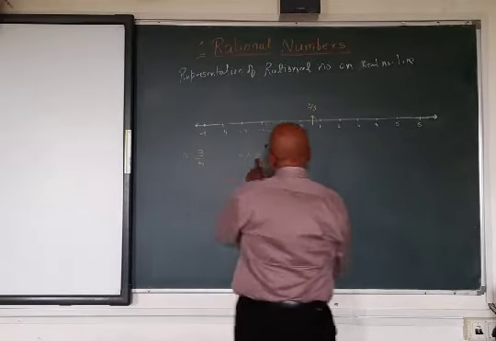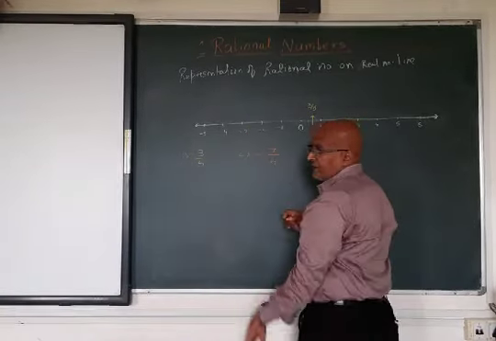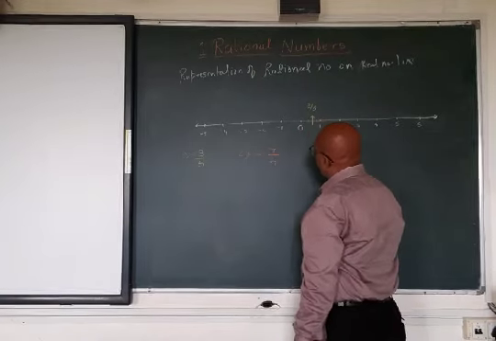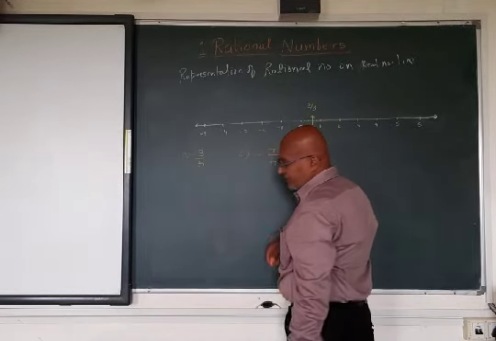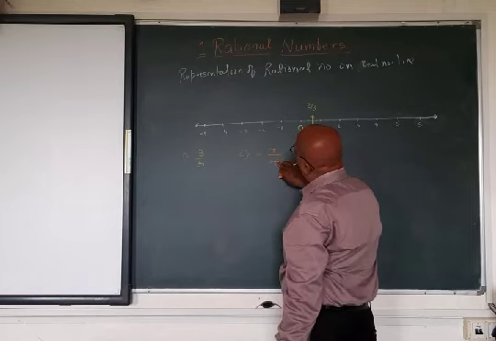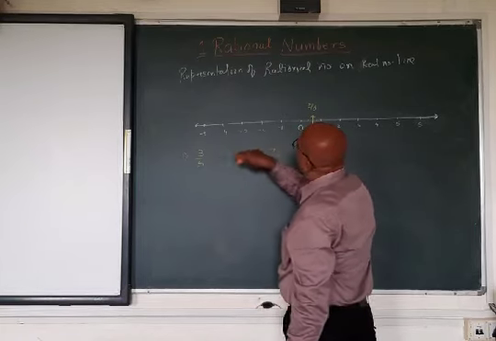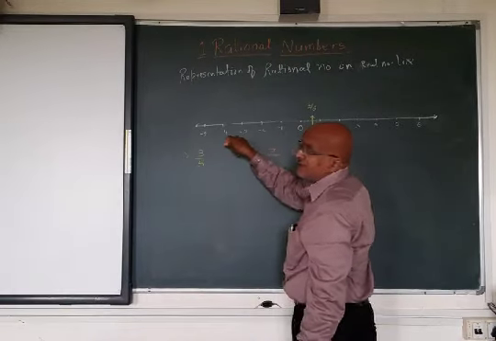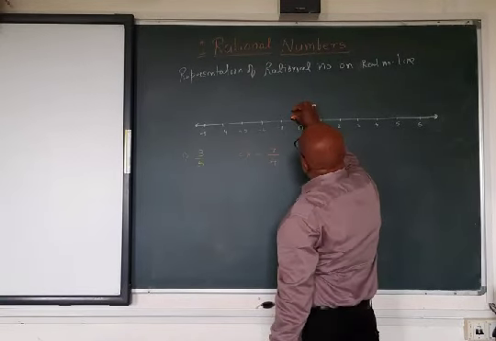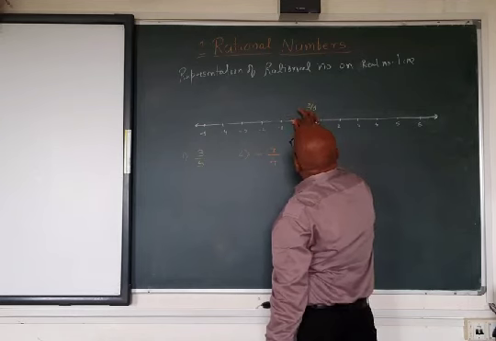Now it is a minus sign, so obviously it is going toward the minus side, the left hand side of the 0. Here we have 4 parts of a unit. Every unit is represented by the numbers minus 1, minus 2, minus 3, so you have to divide each into equal 4 parts.